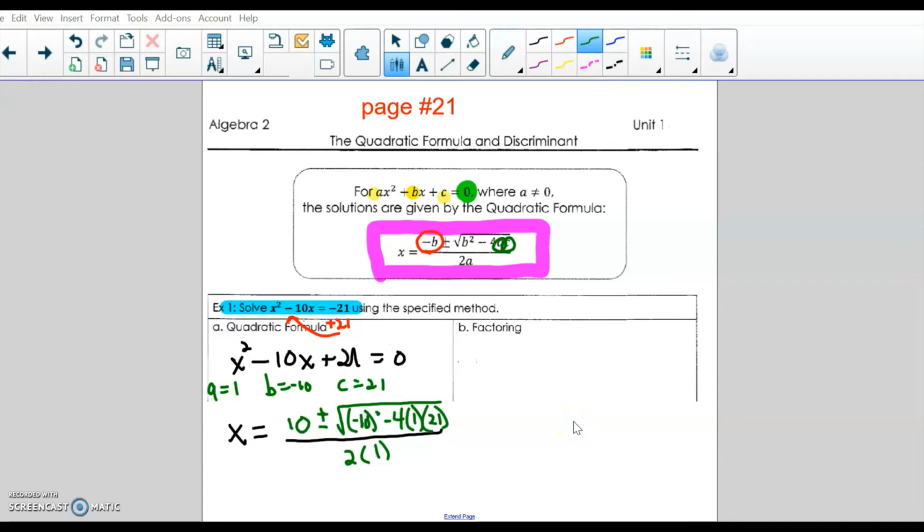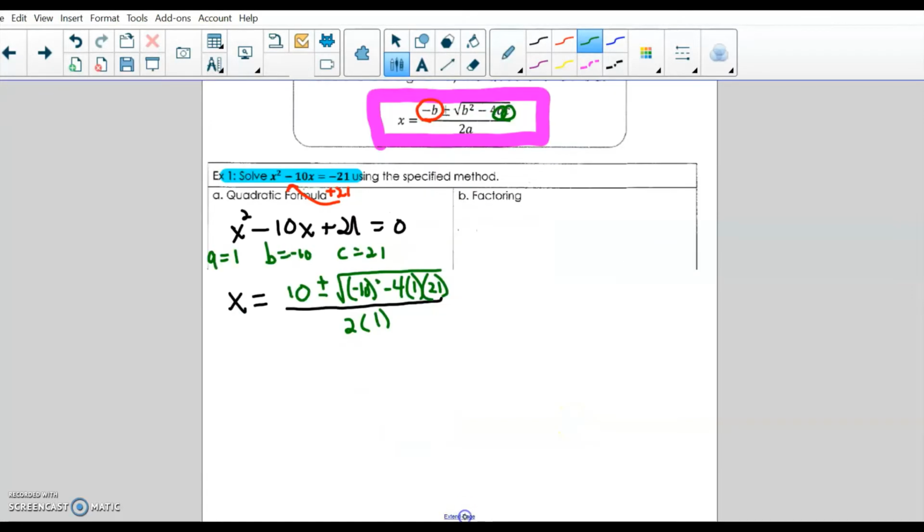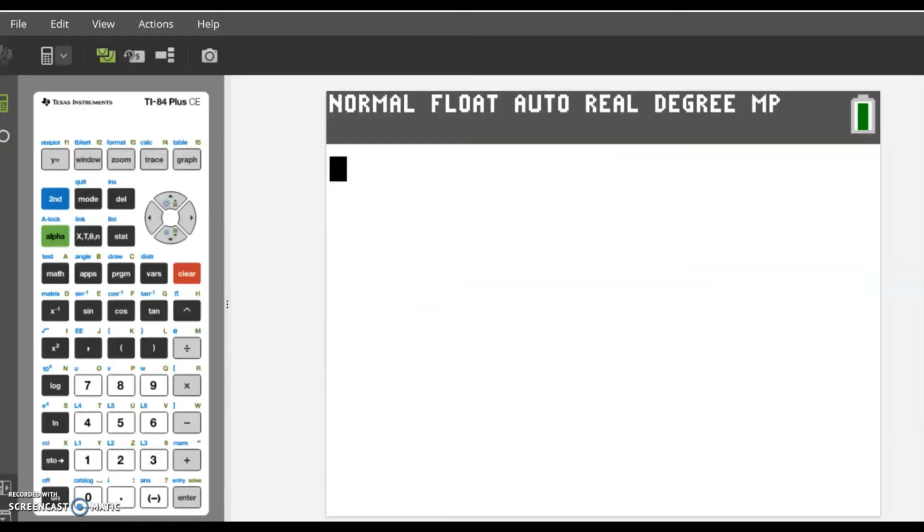Okay, so let's use the calculator and just kind of clean this up a little bit. So we're going to have x equals 10 plus minus, all over 2. And so I'm going to use the calculator to calculate what this value is. So we're going to go to the calculator.